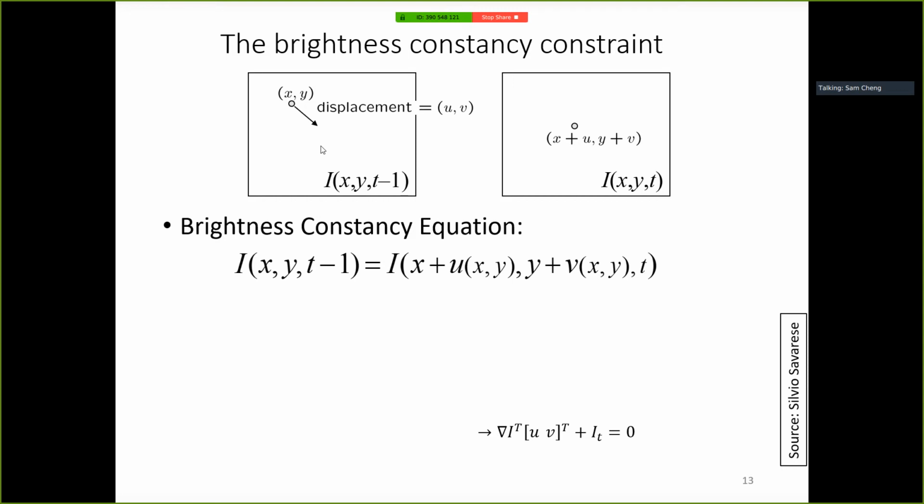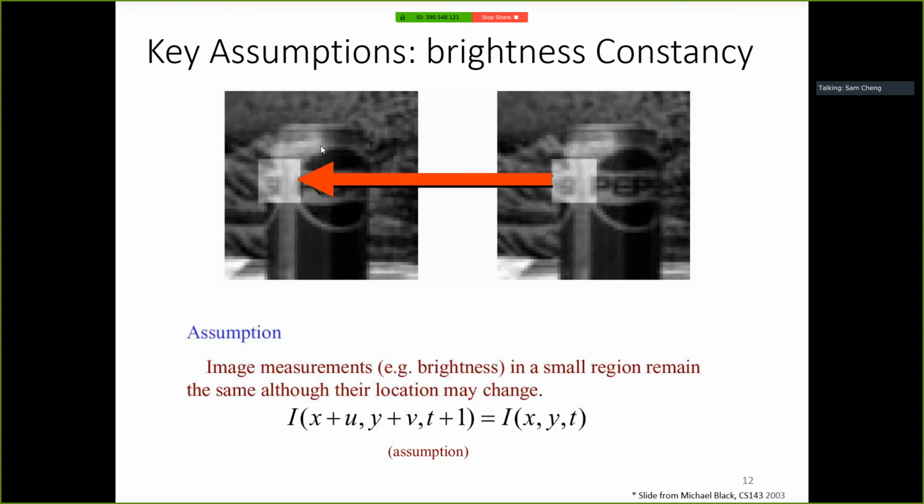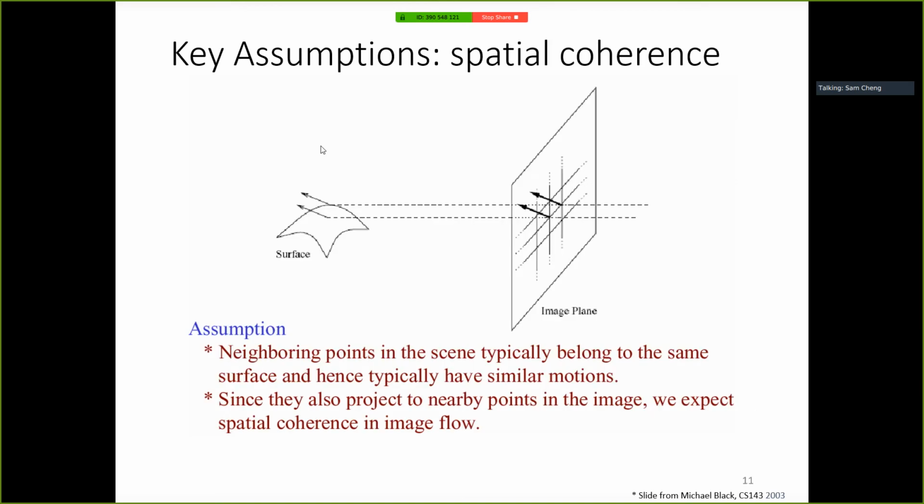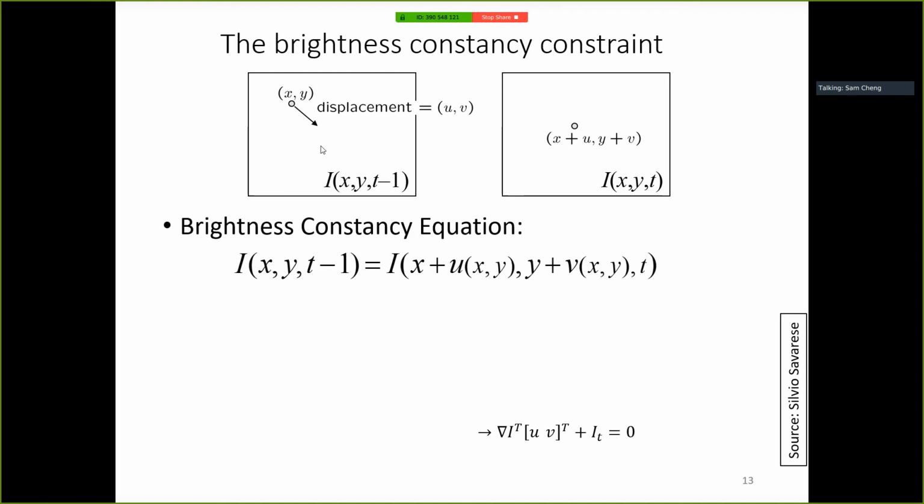Note that u and v themselves are functions of (x, y), because for the entire image, pixels can move everywhere. Even so, there is the spatial coherence assumption that neighboring pixels are moving more or less in the same direction, with the same displacement.